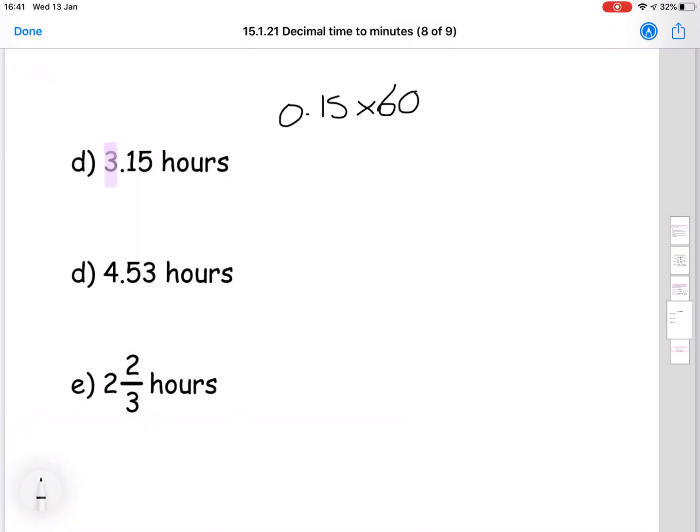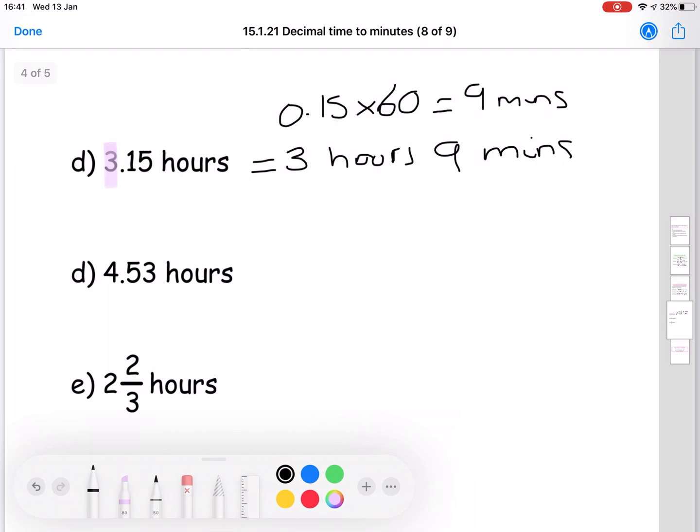The hours, we know that's 3 full hours, and then your minutes is the decimal part. 0.15 times 60 is actually just 9 minutes. So as a total, that would be 3 hours 9 minutes.